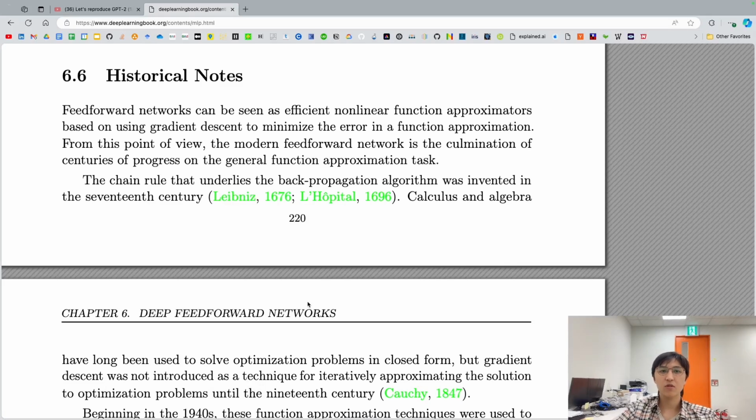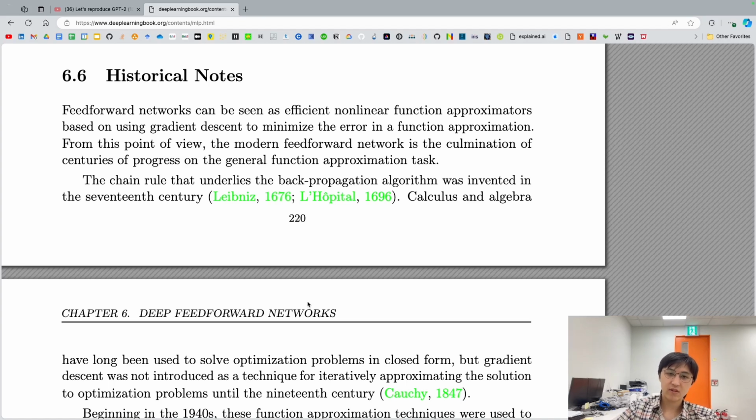So in historical notes, the chain rule was invented in the 17th century. Calculus and algebra were around for a long time, but gradient descent was invented in the 19th century, right?